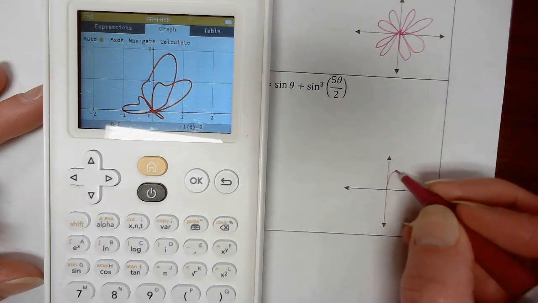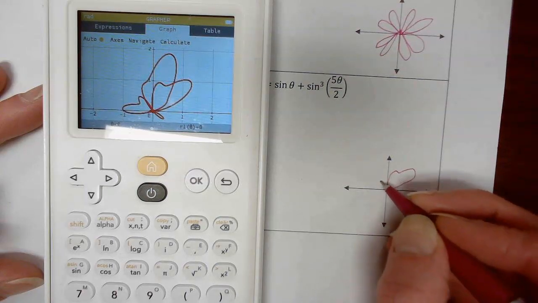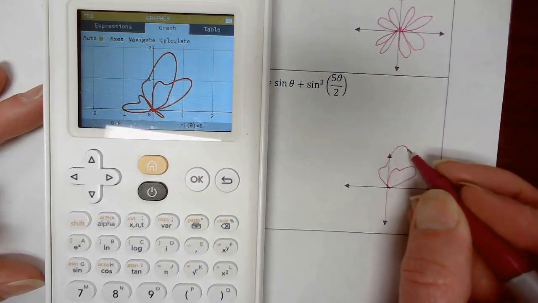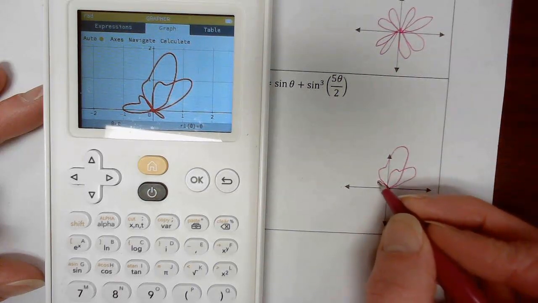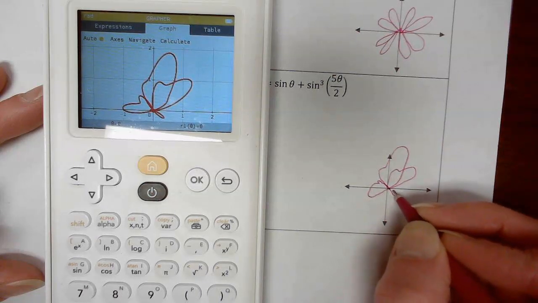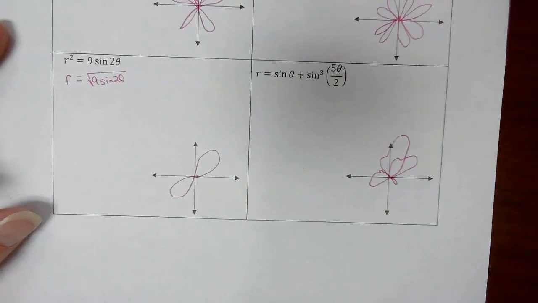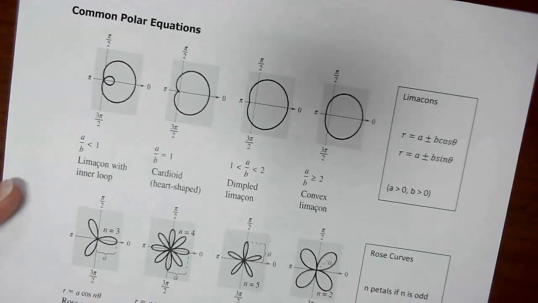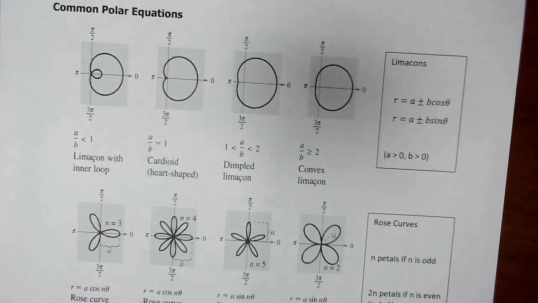So it has like one wing here, big wing up here, one wing in the back, and a little extra piece there. It made a butterfly.